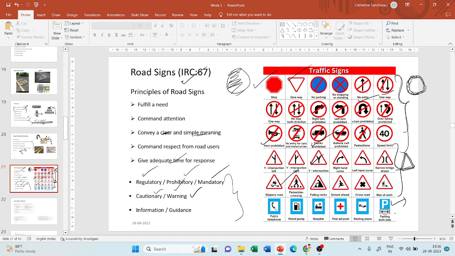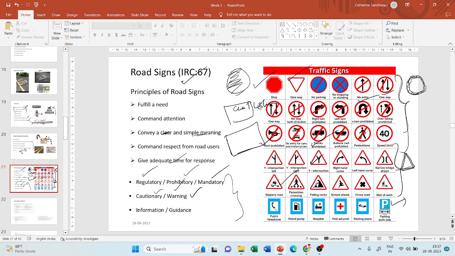If you see a board which has many places and tells you the direction of those places, say Chennai, move straight 48 kilometers, that is also information that is guiding you. In order to reach Chennai, you have to move straight ahead, and it gives you information that the distance to Chennai is 48 kilometers. That is also an information sign, and it will be given on a rectangular board only.